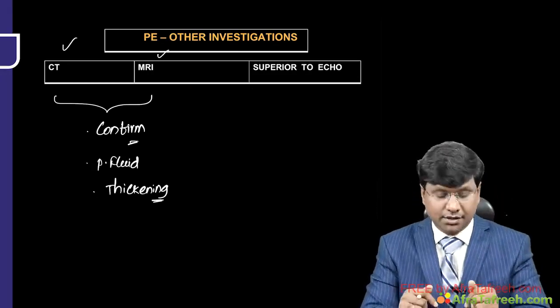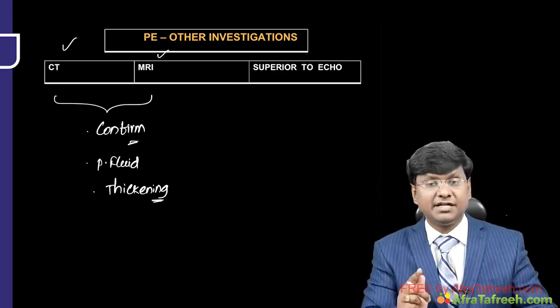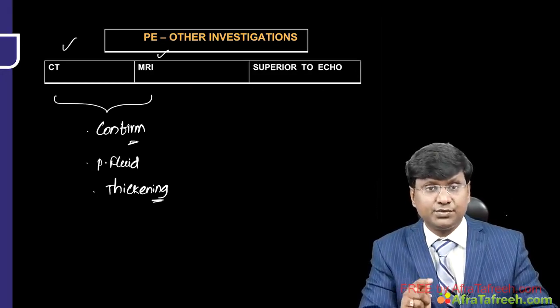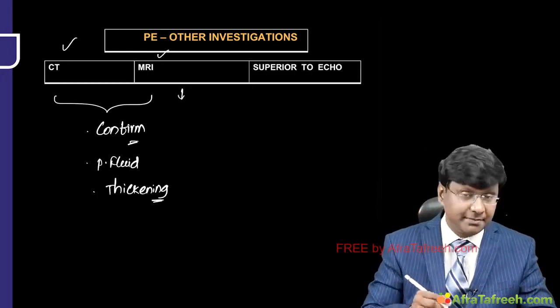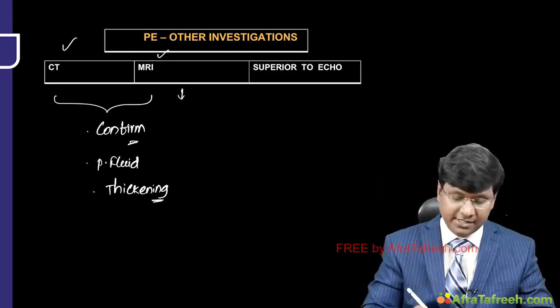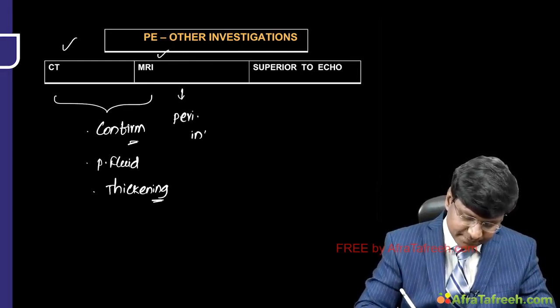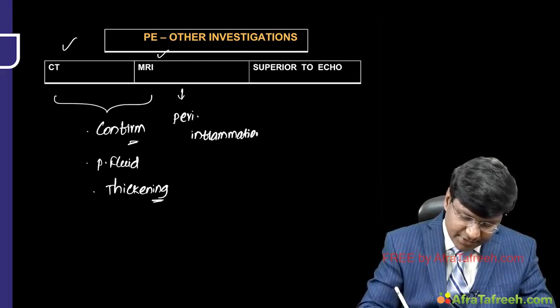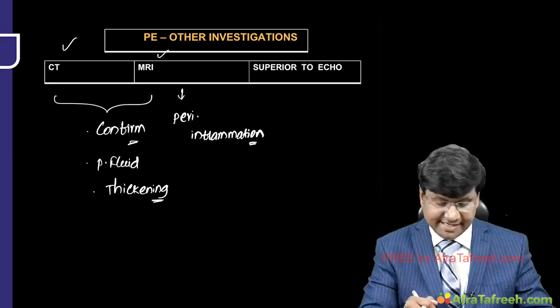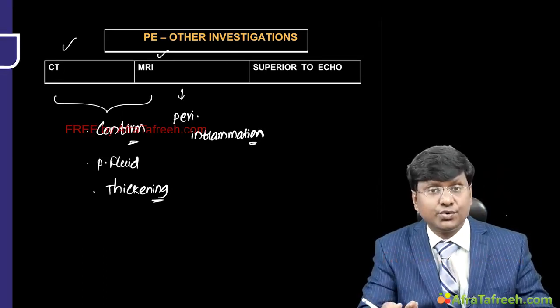Your CT and MRI are much superior compared to the 2D echo. This MRI will also be very useful in detecting the pericardial inflammation. Now, in what way are CT and MRI superior to 2D echo?